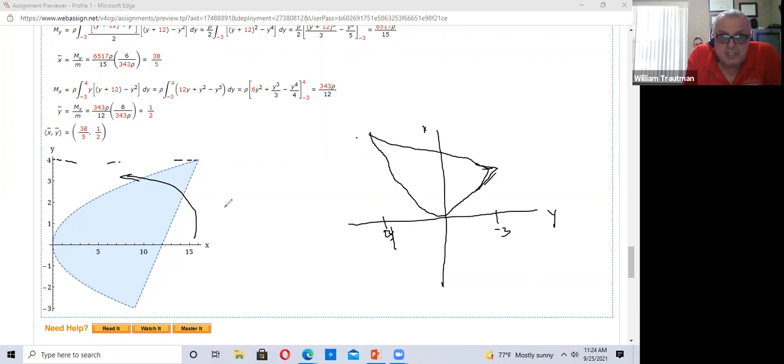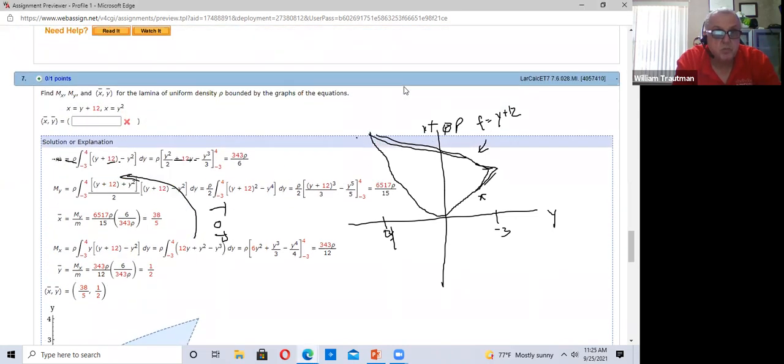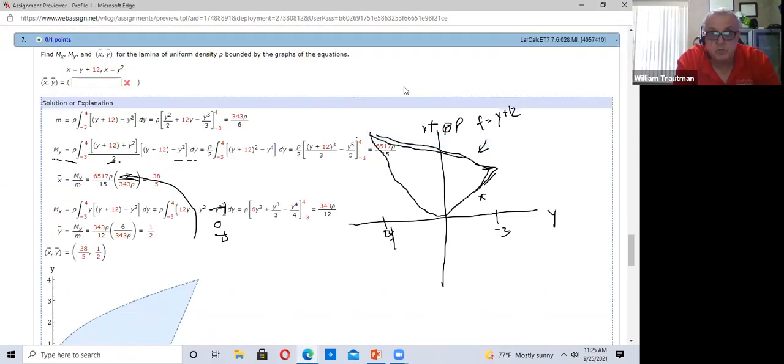So this is the top. Remember, we have to do the top function minus the bottom function. The top function is y plus 12. And the bottom function is the parabola, x equals y squared.